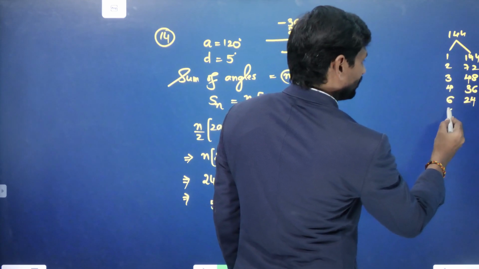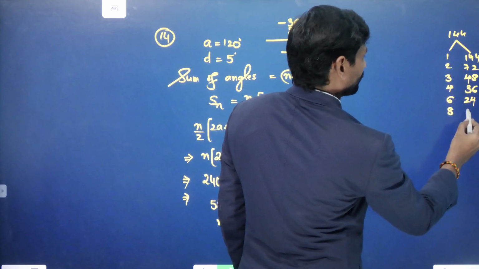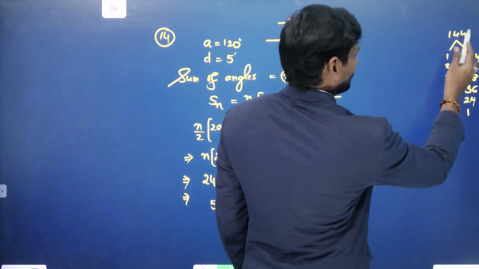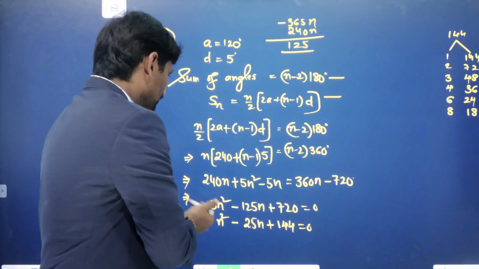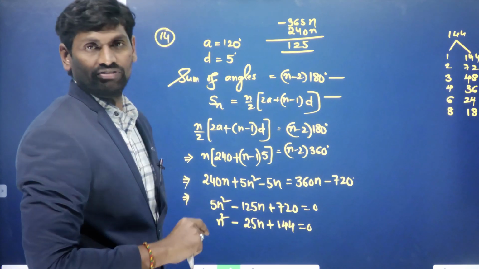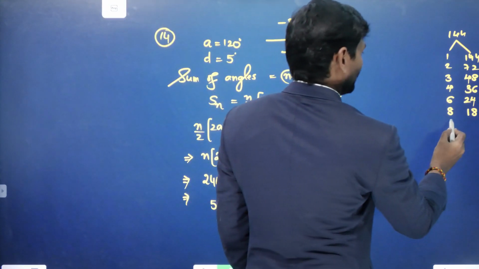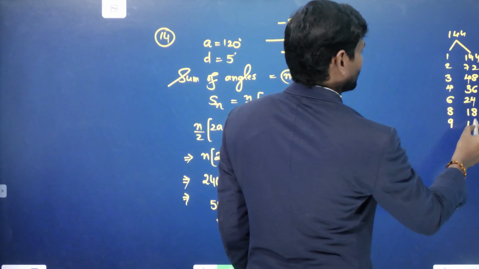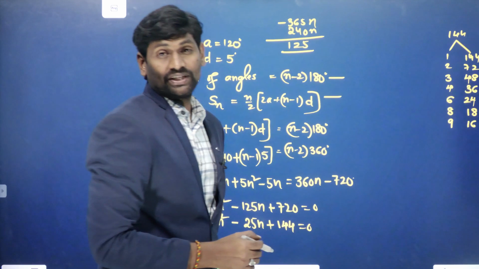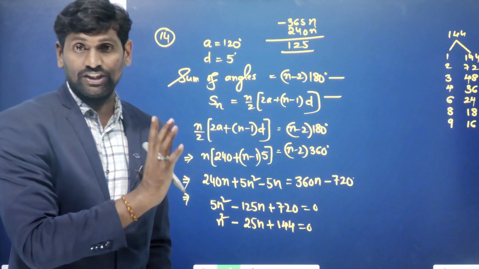Yeah, are there any other tables? Let us try the 8 table. 8 ones are 8, 8 8s are 64. So 8 plus 18, 26, but we should get only 25. The 9 table, yes, the 9 table is getting that here. 9 times 16. 9 plus 16, yes, 9 plus 16 is 25.